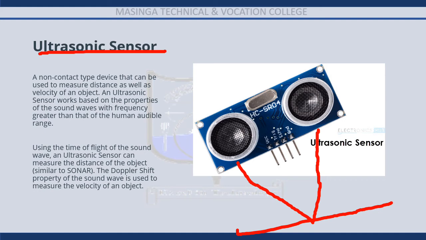One advantage of an ultrasonic sensor is that due to the nature of sound, we are able to determine distance. Sound, through the Doppler shift property, can also be used to determine the velocity. So this sensor can be used as a proximity sensor, it can be used as a distance sensor, and it also can be used to read the velocity of an object in motion.